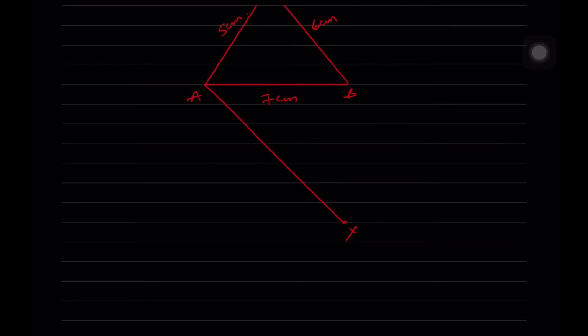So equal parts, 1, 2, 3, 4, 5, 6, 7. So we got here A1, A2, A3, A4, A5, A6, A7.